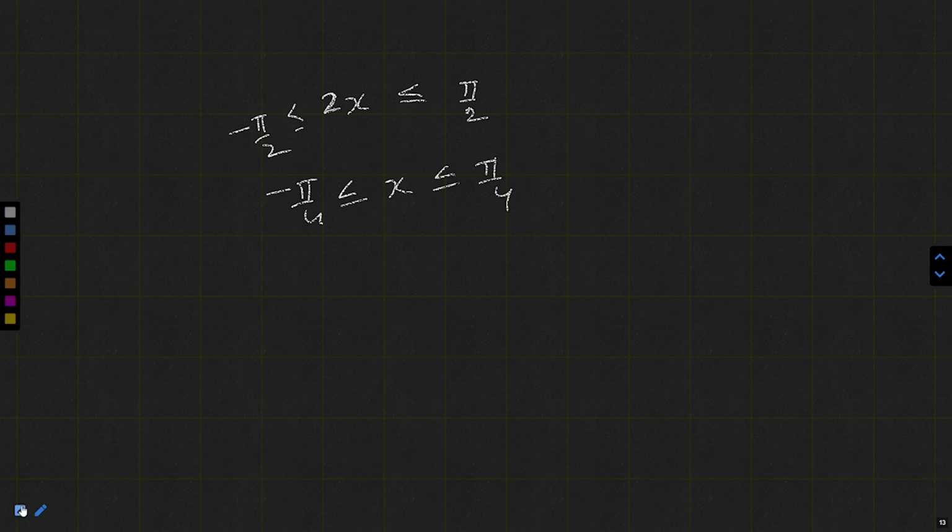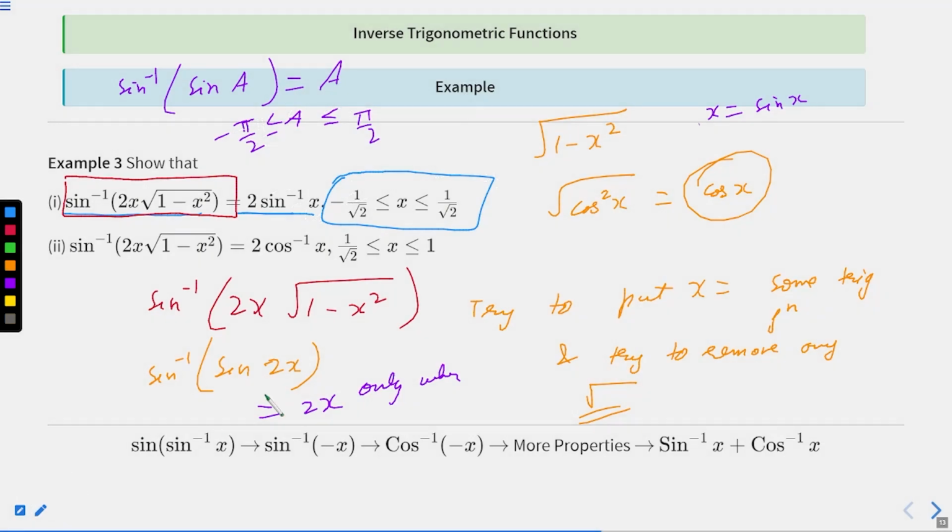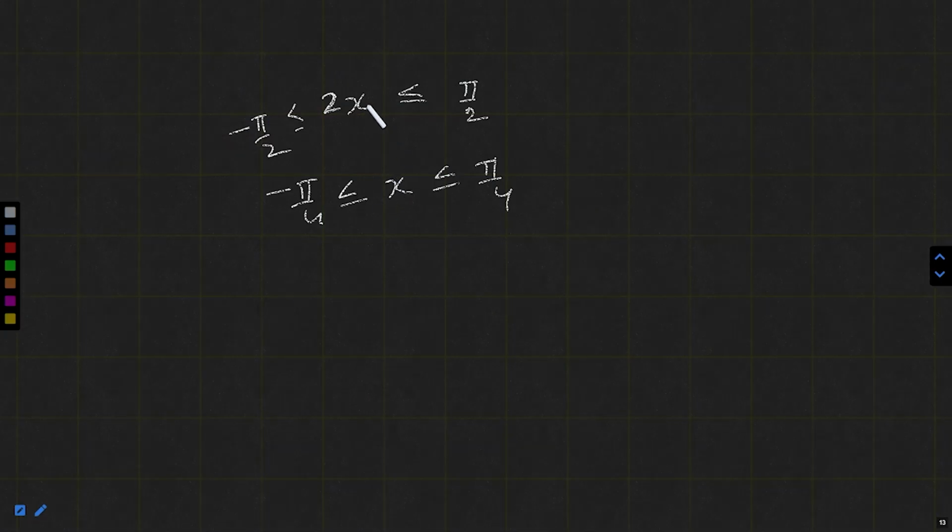Sorry, I am putting x as theta, not x. x is equal to sine theta, so here it will be sine 2 theta. So this theta will be from minus pi by 4 to pi by 4.